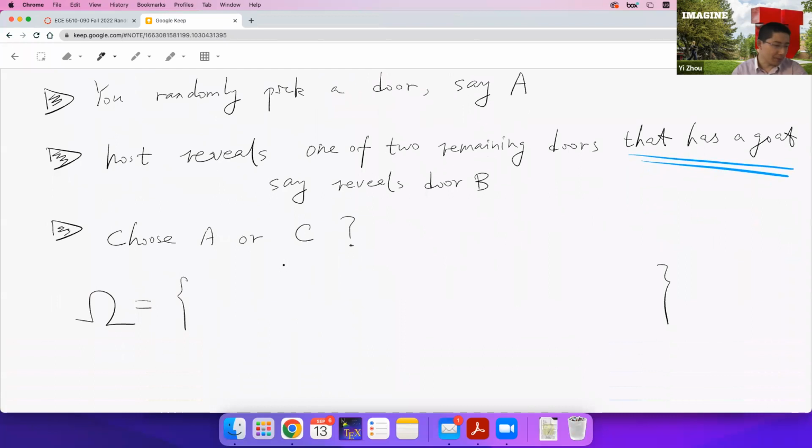We will have the following three cases: either the car is assigned to door A, or the car is behind door B, or the car is behind door C, right? These are three different scenarios, different outcomes, and each of them happens with probability 1/3, because we assign these gifts uniformly at random.